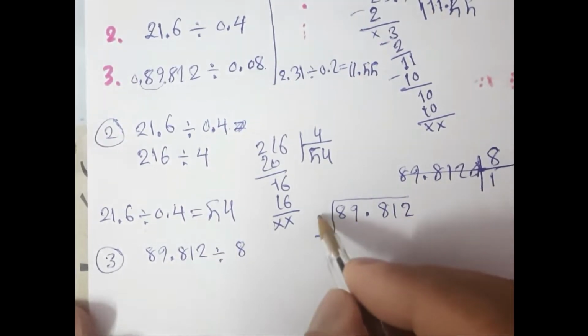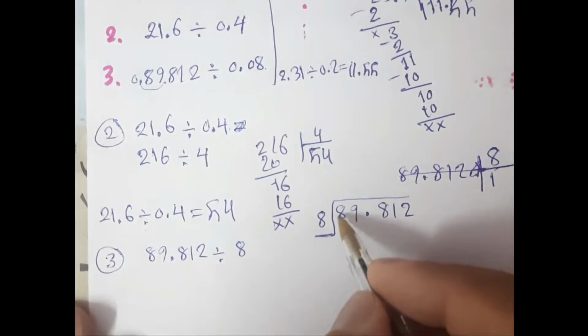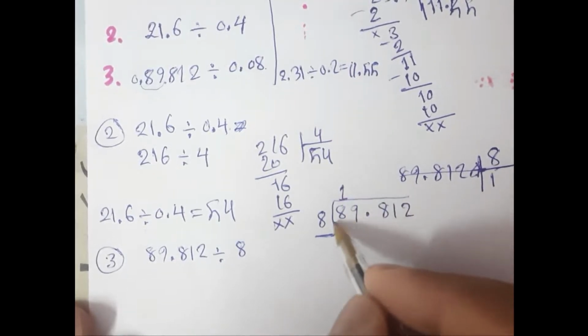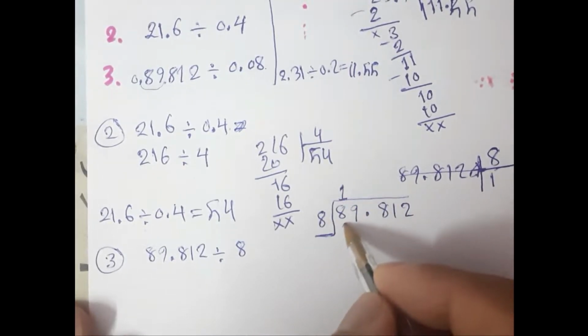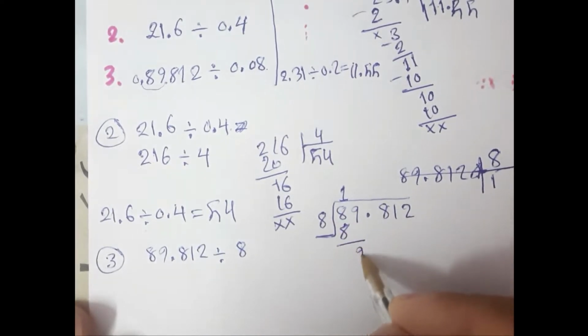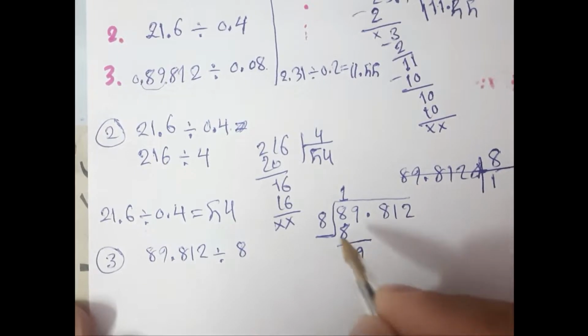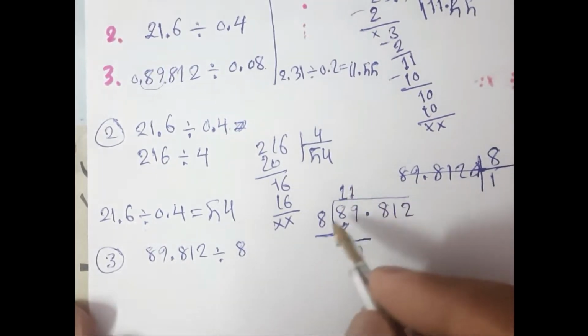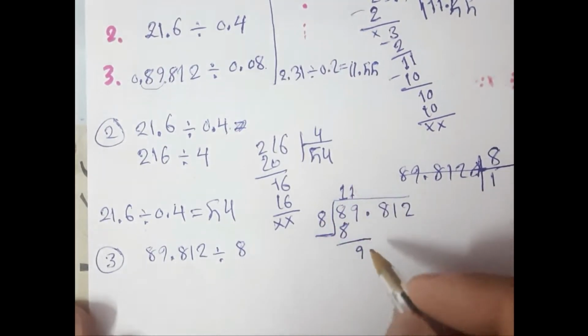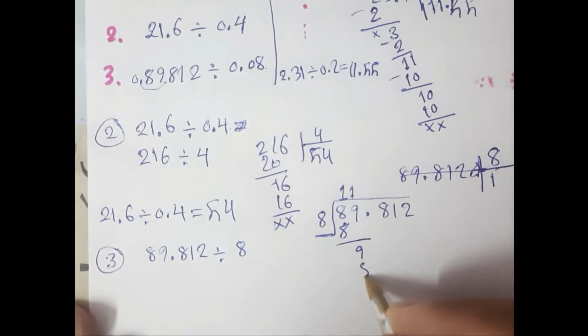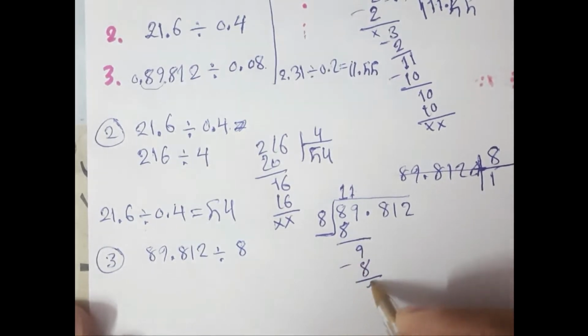Divided by 8. 8 divided by 8, 1 time. 8 multiplied by 1, 8. Here we bring 9. 9 divided by 8, 1 time. 1 multiplied by 8, 8. Here we have 1.